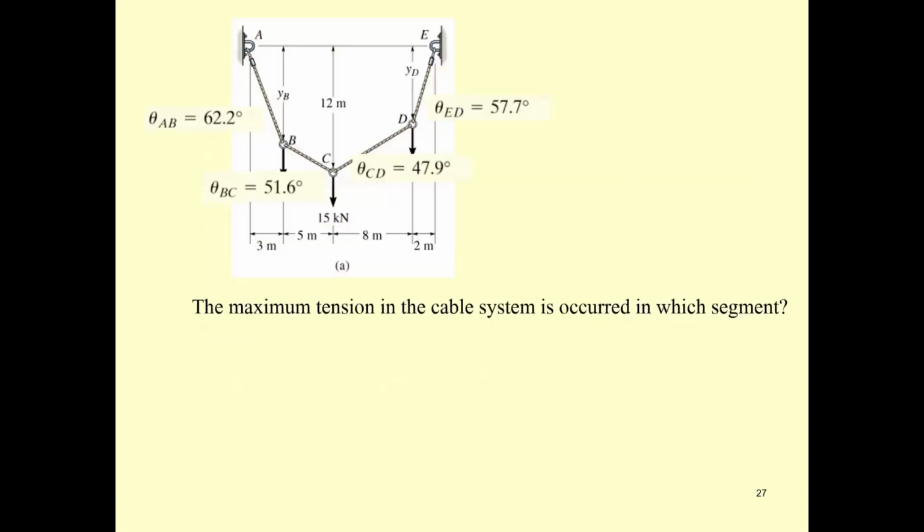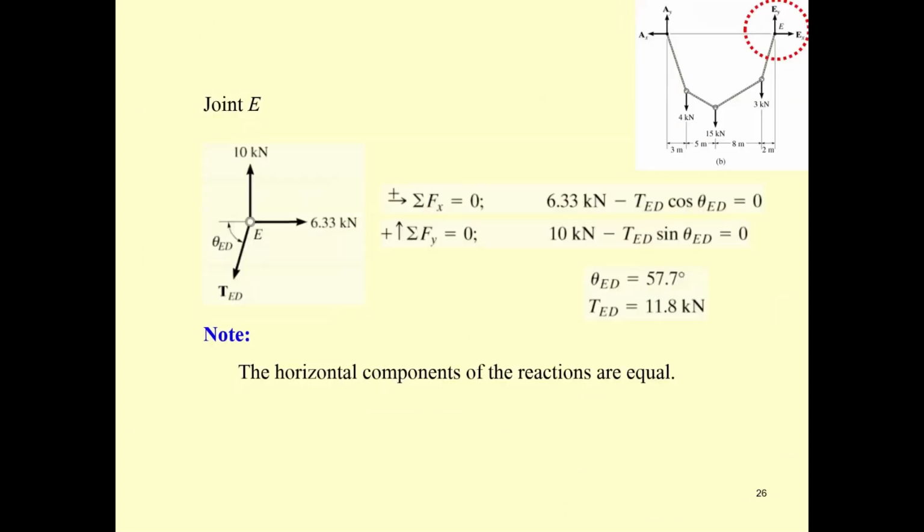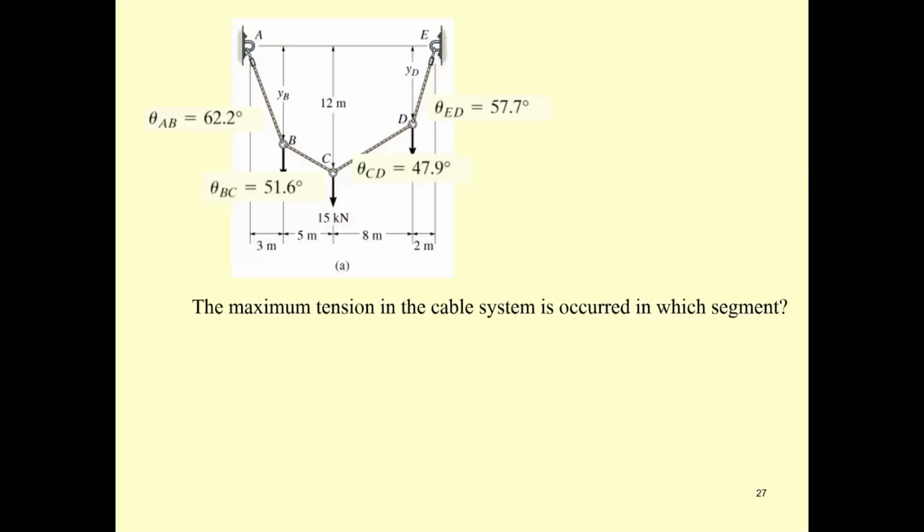Okay, that's supposed to come to the end again. The horizontal force of the reaction and of the tension are going to be equal, and the maximum tension is going to occur on this one, since this one has the maximum slope with the horizontal.